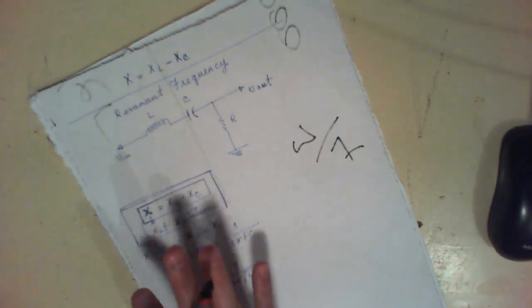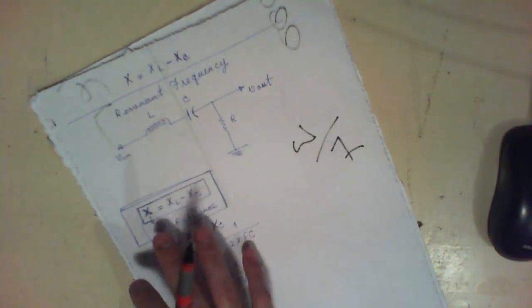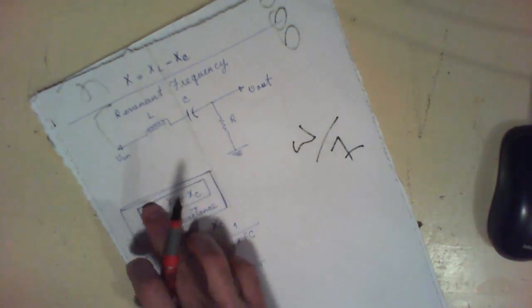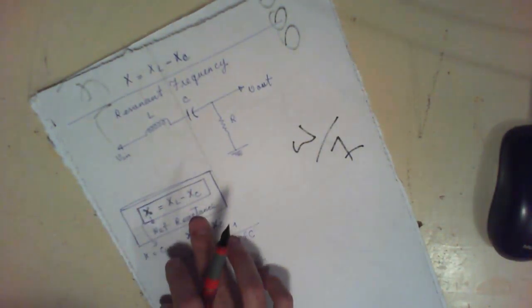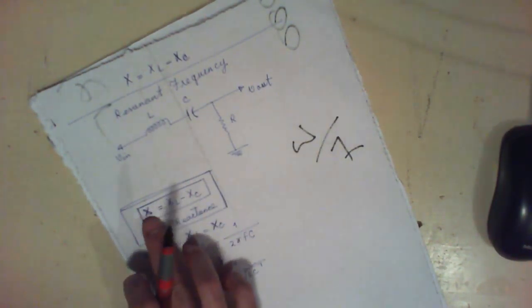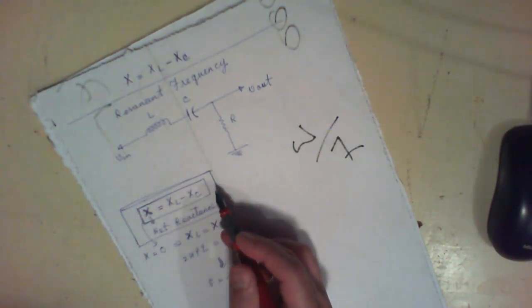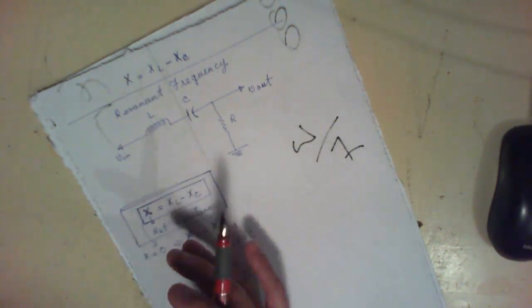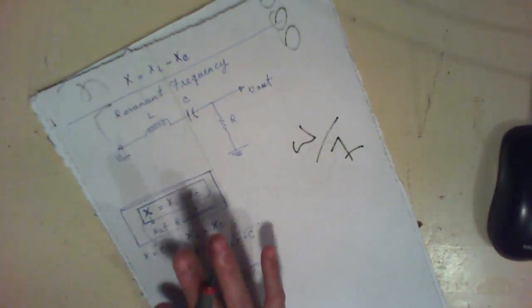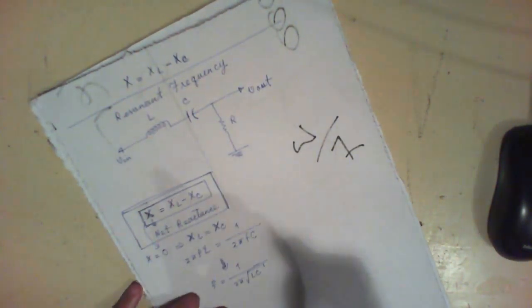But we will get there, and we will talk more about why this happens. For now, we will just take it that the net reactance is equal to X of L minus X of C, which doesn't make any sense to me at least right now.